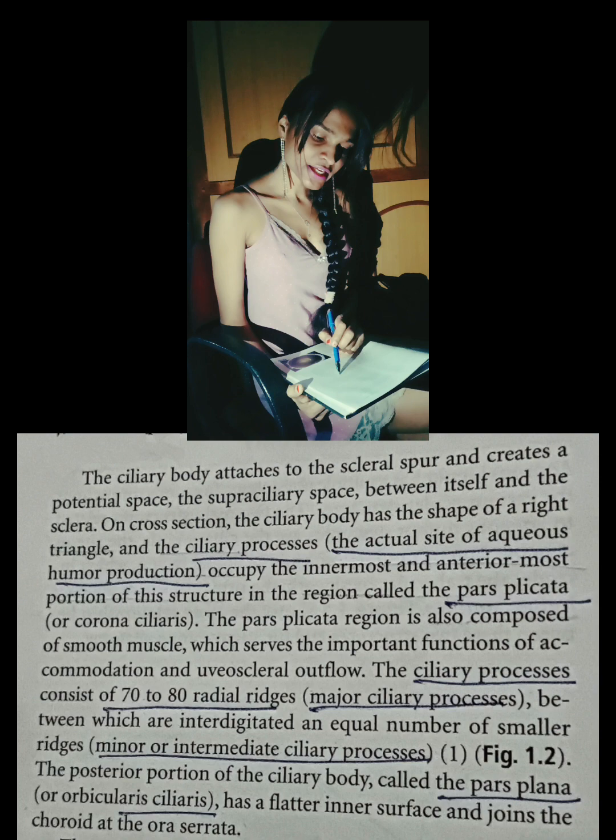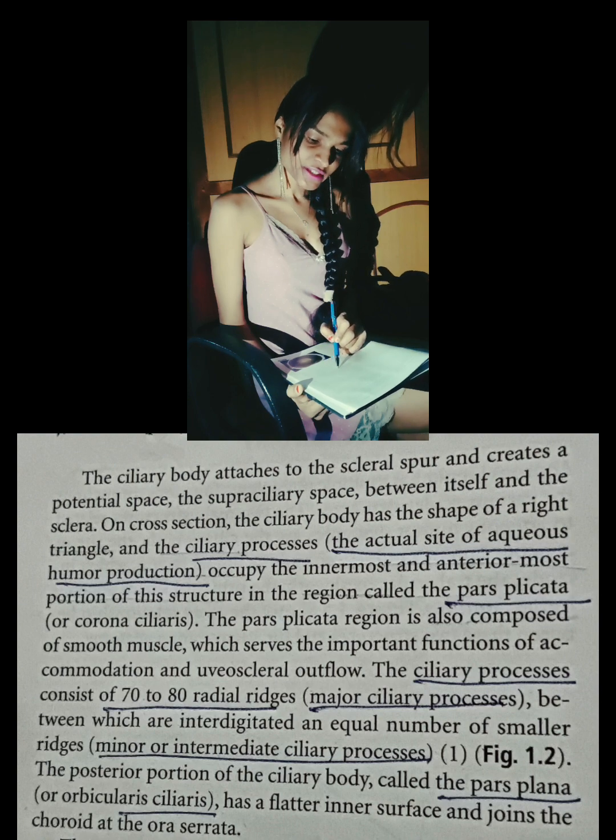The pars plicata region is also composed of smooth muscle, which serves the important functions of accommodation and uveoscleral outflow. The ciliary processes consist of 70 to 80 radial ridges, major ciliary processes, between which are interdigitated an equal number of smaller ridges, that is, minor or intermediate ciliary processes.